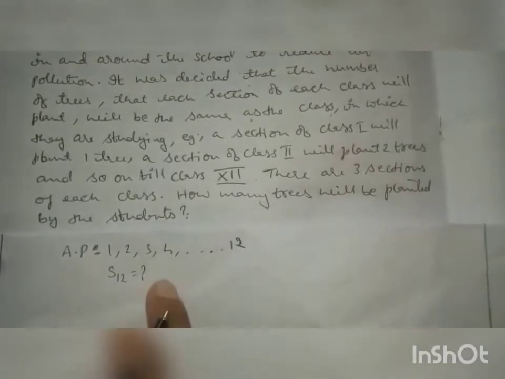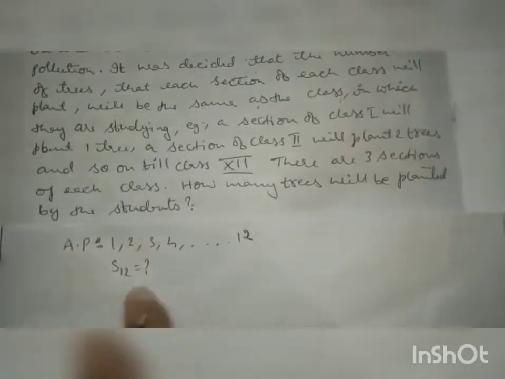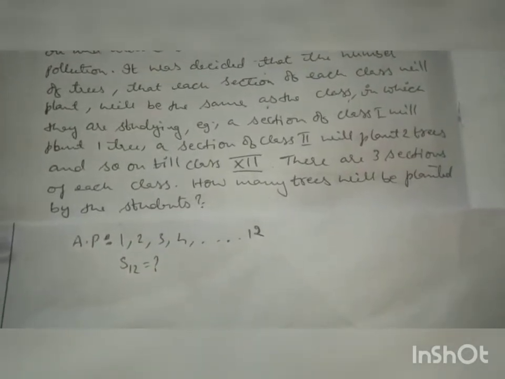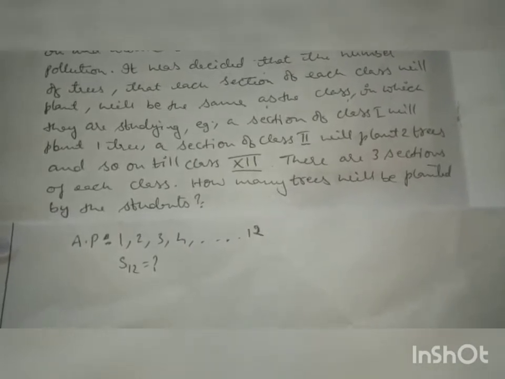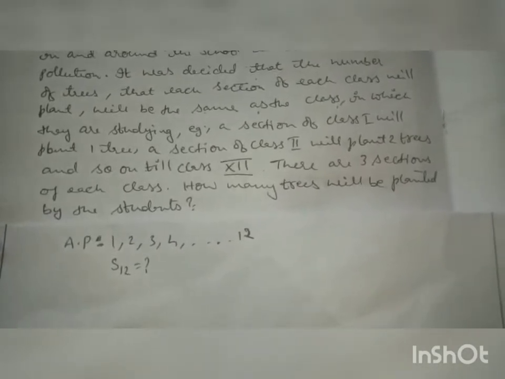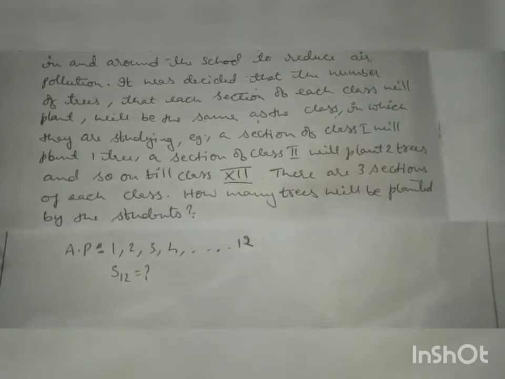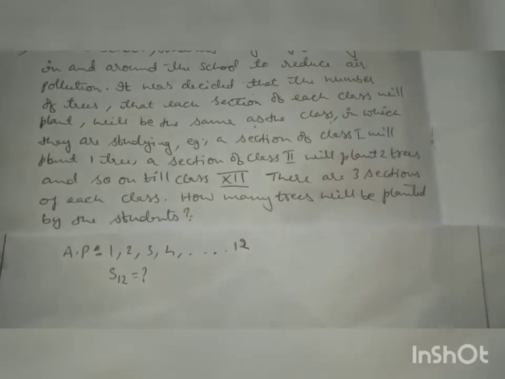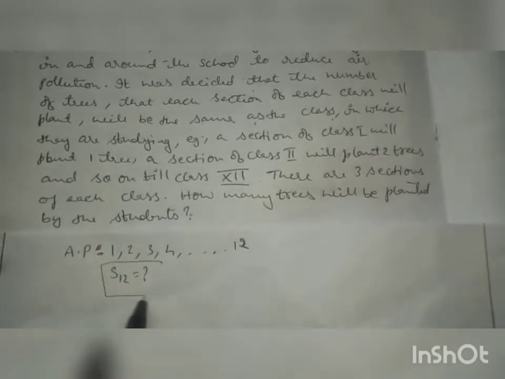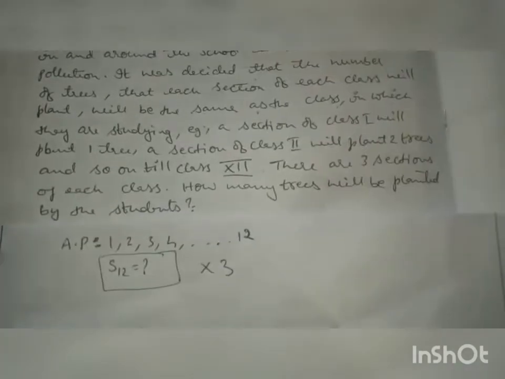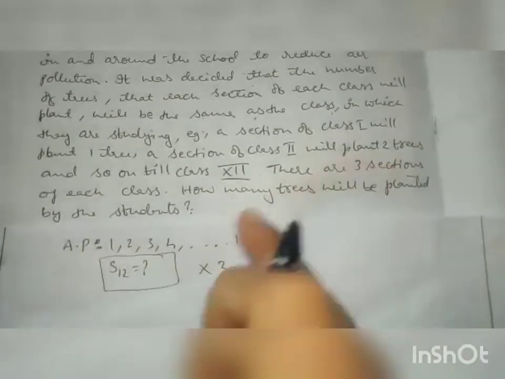Okay, S12 means you will get the S12 answer, right? That will be the number of plants planted by the students from class 1 to class 12, but only one section. You want 3 sections, right? After finding S12 you have to multiply that answer with 3, so that you get 3 sections for each class.